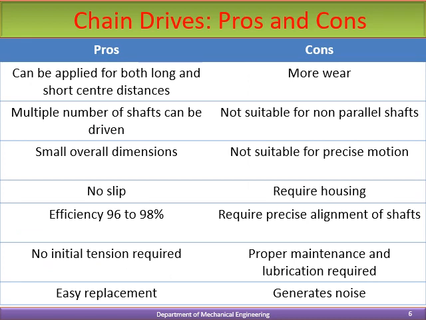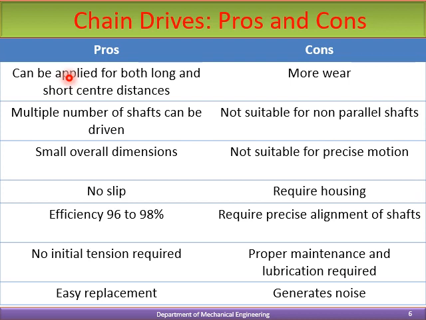What are the advantages of chain drives? Chain drives can be used for long as well as short distances. They are particularly suitable for medium center distance where gear drives will require additional idle gears.